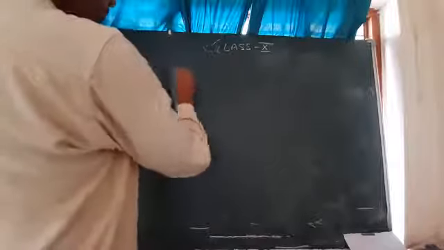Question number 4. A convex lens has a focal length of 40 centimeter.